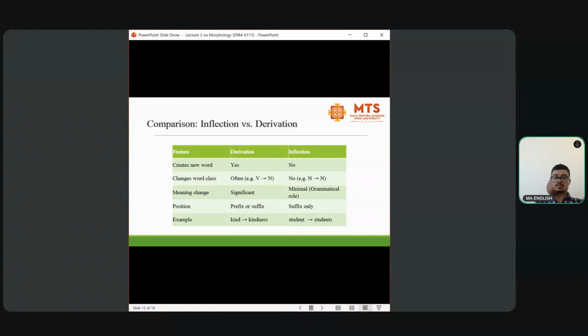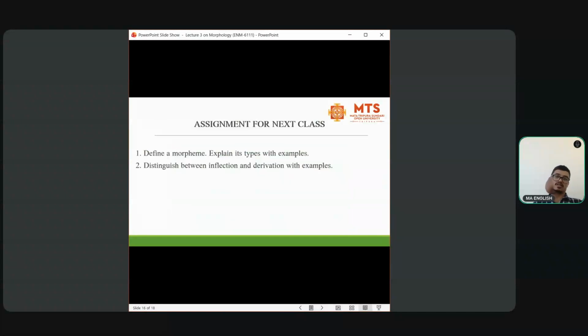So now let's move on to the assignment for next class. As you can see here, there are two questions. What is the definition of morpheme, and its types with examples? So try to define morpheme. What exactly is a morpheme? I have already discussed morphemes, right?